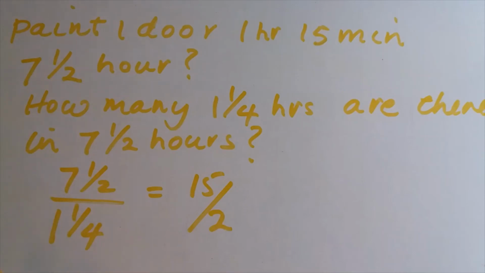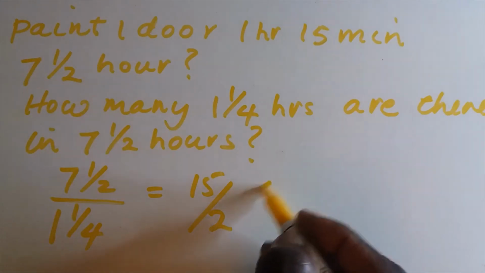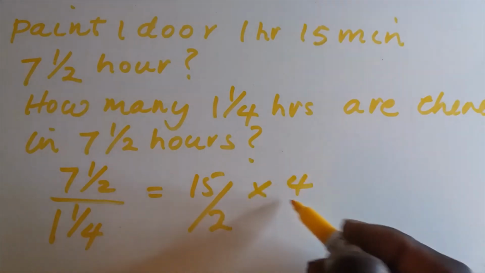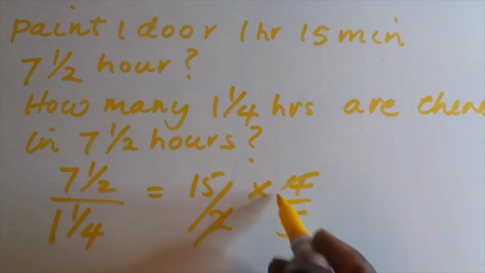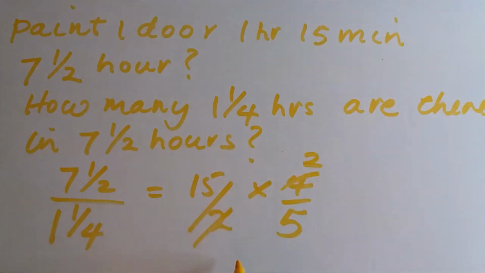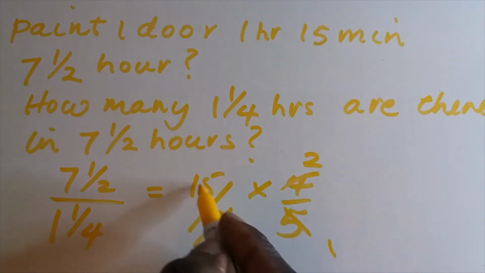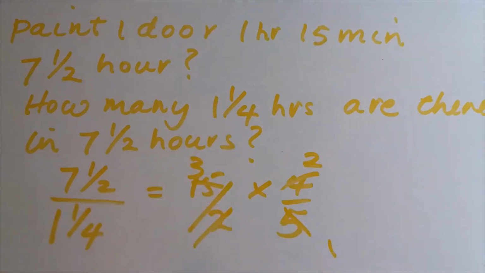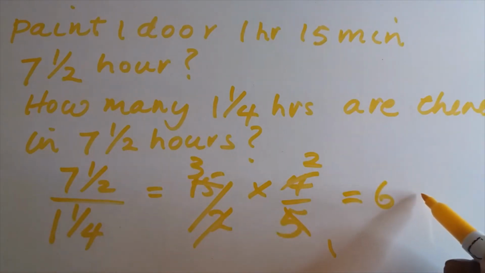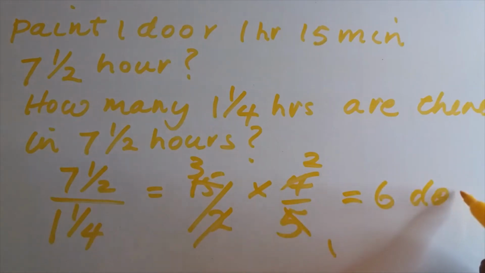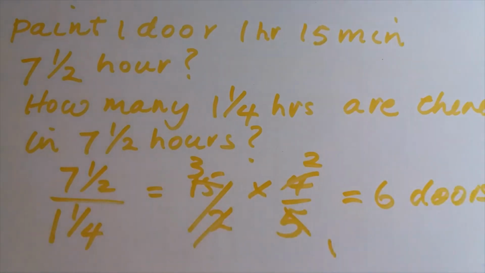If we're dividing, we can turn it into a multiplication, so we multiply by 4/5. And we can cancel diagonally here to get 2, and 5 into 15, we have 3. And that leaves us with the answer of 6 doors. So he can paint 6 doors in 7.5 hours.